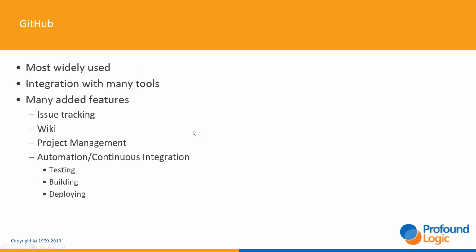So like I said, GitHub is the most widely used. It has integration with tons of tools. It's got a lot of added features that are really nice, things like issue tracking, wiki for your documentation. There's some project management functions in there as well. And one of the things that's really cool is the automation and continuous integration.